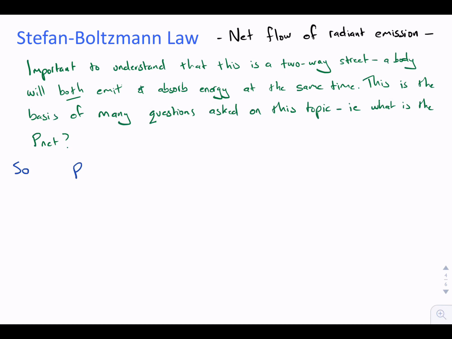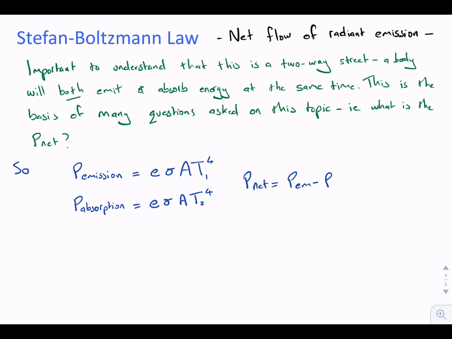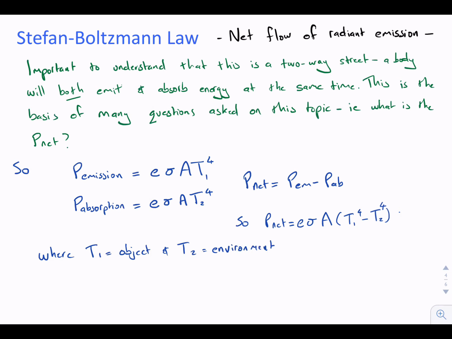So to work out the net power, we can say that the P emission equals this, and the P absorption equals this. So our net P equals P emission minus P absorption, or epsilon sigma A times T1 to the power of 4 minus T2 to the power of 4, where T1 equals the temperature of the object and T2 equals the temperature of the environment.